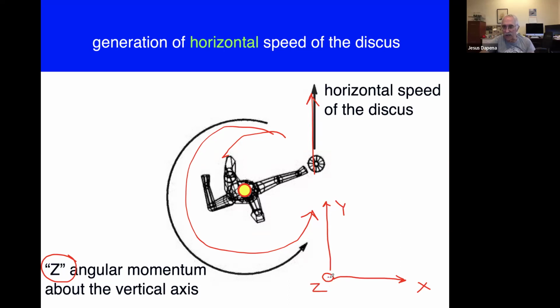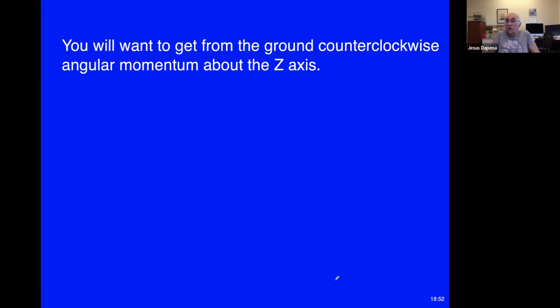That circle with the dot represents the tip of the arrow pointing towards us. So this angular momentum that is useful for producing horizontal speed, we call it the z angular momentum because it represents rotations about a vertical axis, which is what we call the z-axis. So you will want to get from the ground counterclockwise angular momentum about the z-axis.